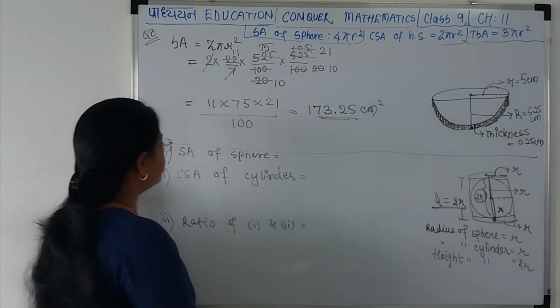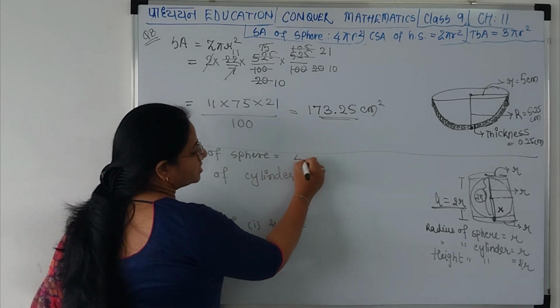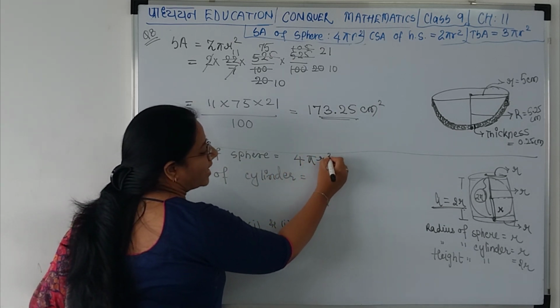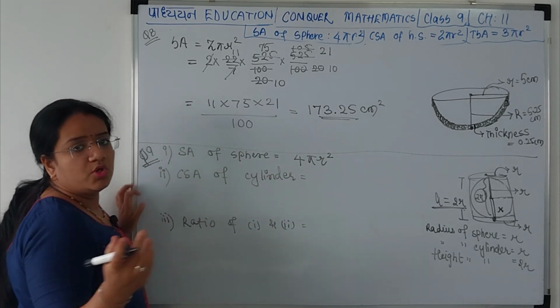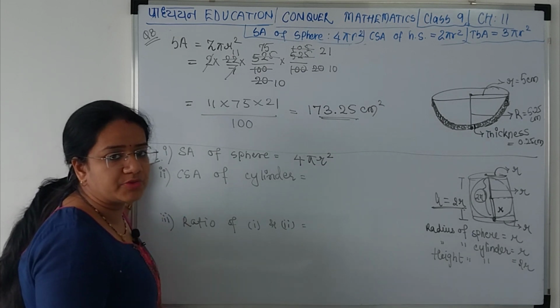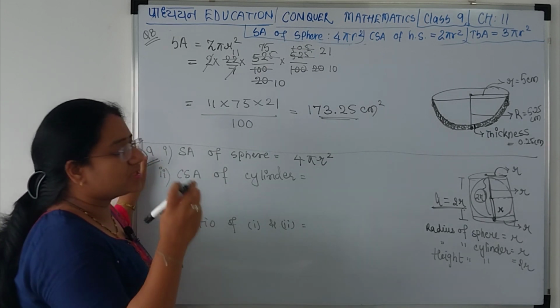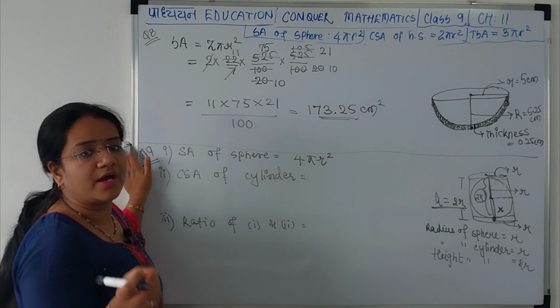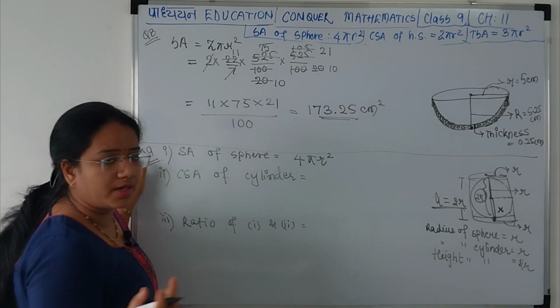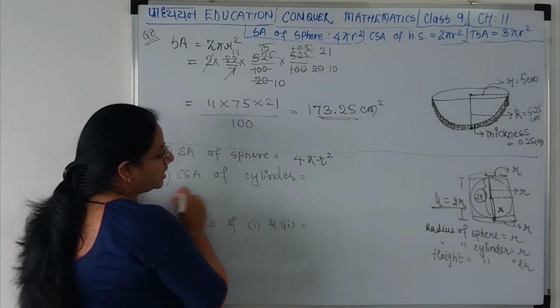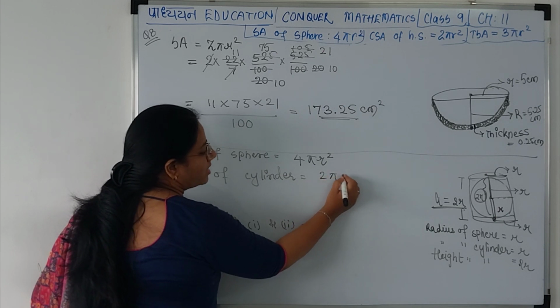Okay, we have to find surface area of sphere, which is simple, 4 pi r square. The value of r is not given, so you don't have to put the values in, correct? In some cases you might be given the value of r, then you have to put it all in and check, correct? Now CSA of cylinder is 2 pi r h.